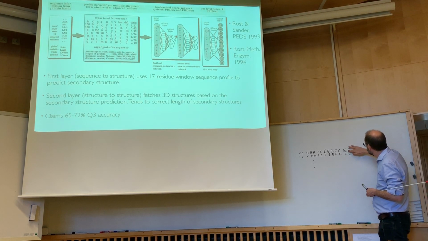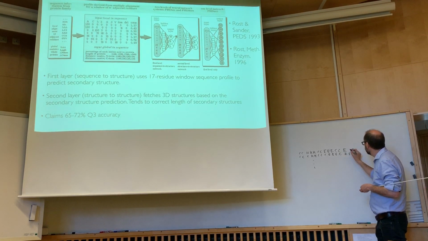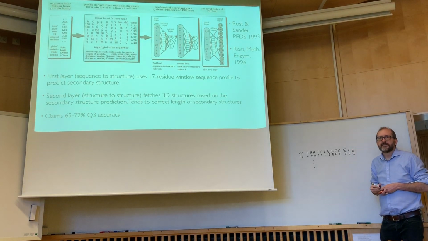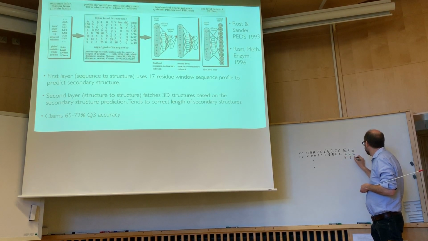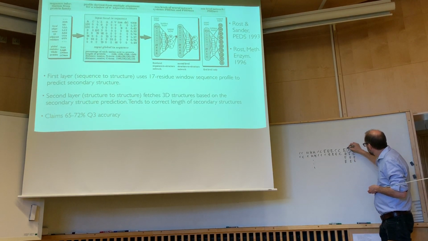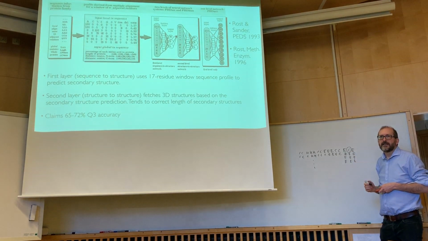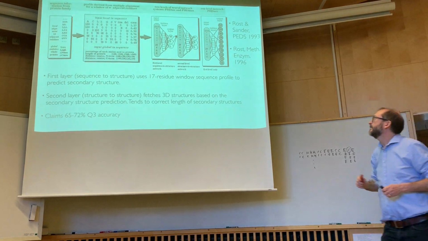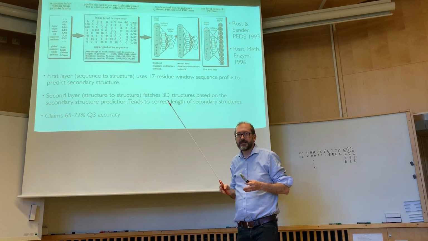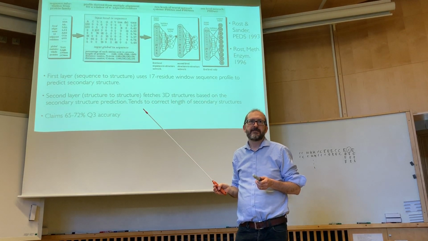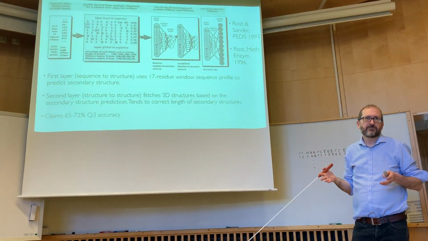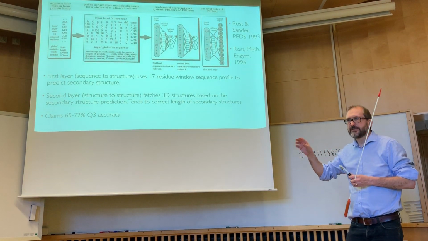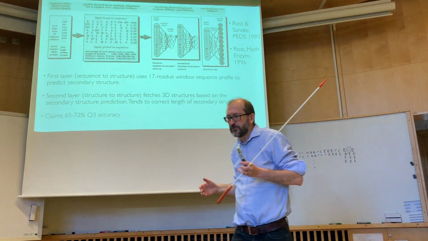Let's say my predicted secondary structure has a coil in here, and if it has a whole bunch of sequences that all have something like a beta sheet that's longer than my predicted one, then it might infer that this thing is wrong, right? So what it's really good at in this layer is correcting the lengths of secondary structures, because these moving window methods have a serious problem with getting length wrong. They'll insert coils in the middle of alpha helices, or make them too short or too long.